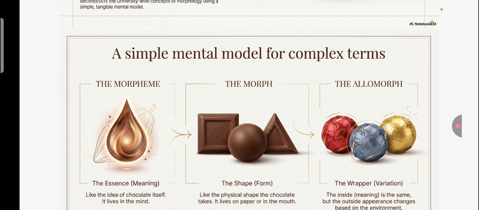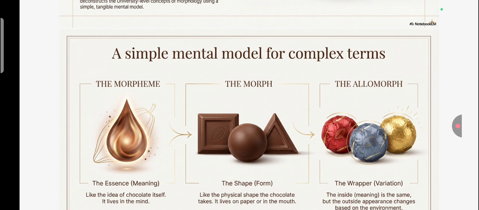Let's imagine chocolate. The idea of chocolate itself, its sweet taste and identity, represents the morpheme. The actual physical shape of the chocolate bar represents the morph. And if the wrapper or outer appearance changes slightly depending on the situation, that represents the allomorph.